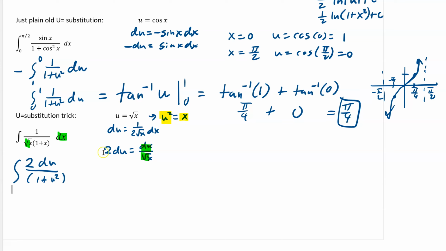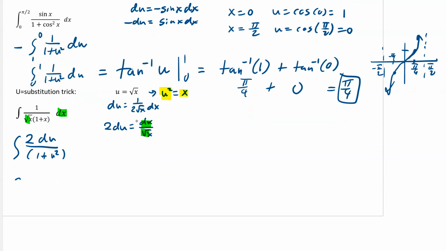So the dx over rad x is 2 du. The x is equal to u squared. And so again, where I'm getting it from is it's 1 plus x. So I'm thinking, oh, this could be 1 plus u squared. So if u squared is equal to x, then my u would equal radical x. Which works perfectly. Okay, so now I would get 2 integral 1 over 1 plus u squared du.